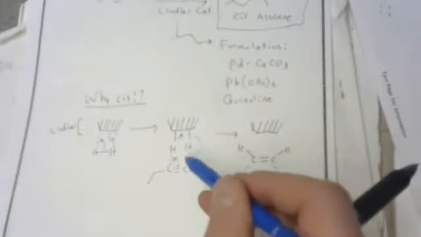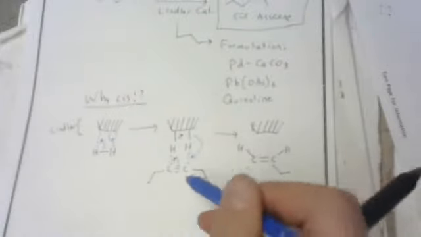This type of addition, where things get added on the same side, has a name also. The product is a cis alkene. Does anybody know what the name of the addition is? It's either syn or anti. Anti is obviously going to be the opposite. But this is called a syn addition. Syn, S-Y-N addition.